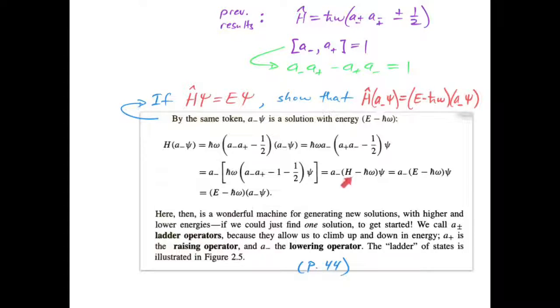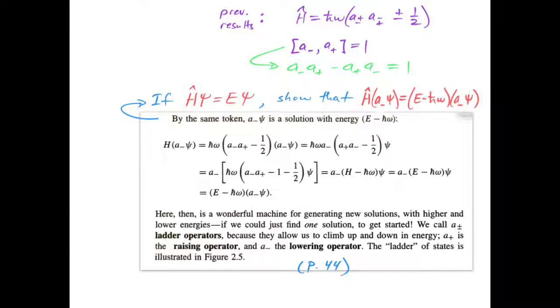We can then take the Hamiltonian operator and operate on the little psi. We get this E here, minus h bar operator operating on psi. That's just a multiplication, so we get that there. We can then bring this through the a minus operator, and we can regroup the a minus operator operating on the little psi. We get this.